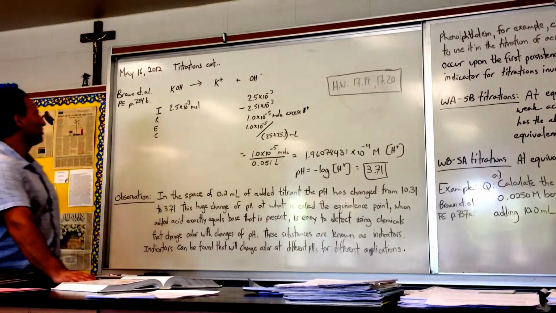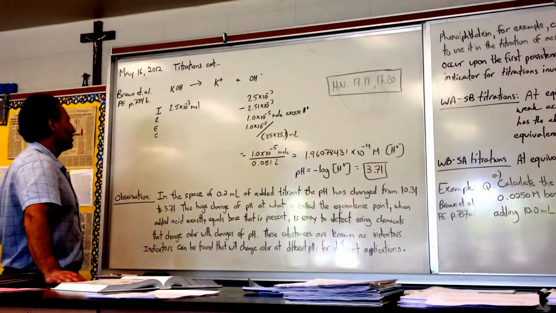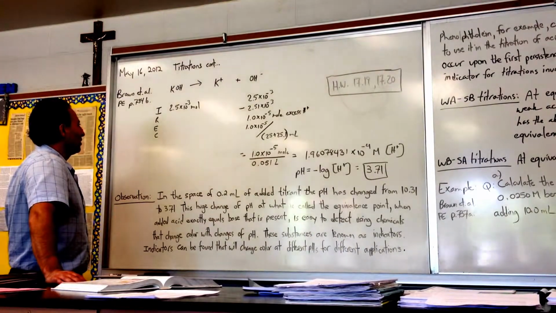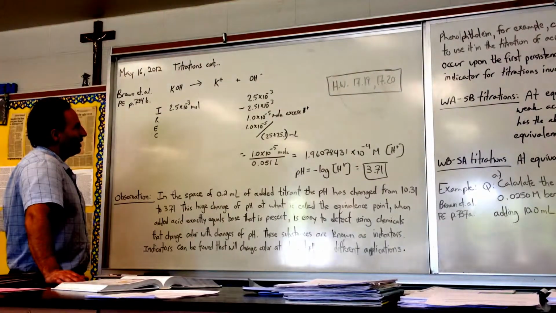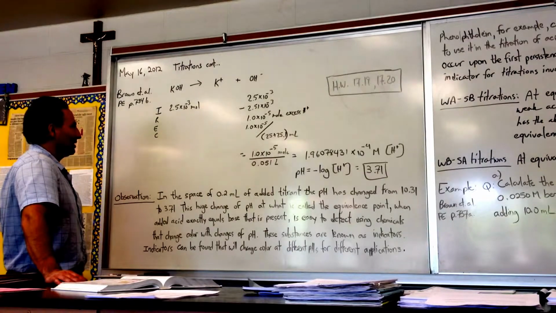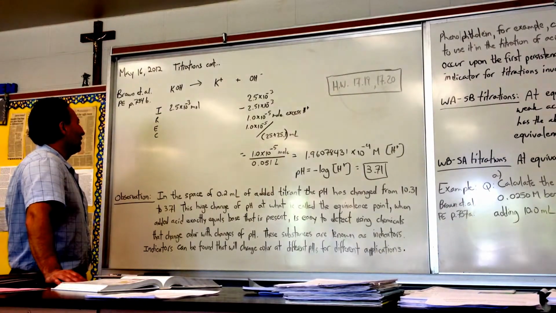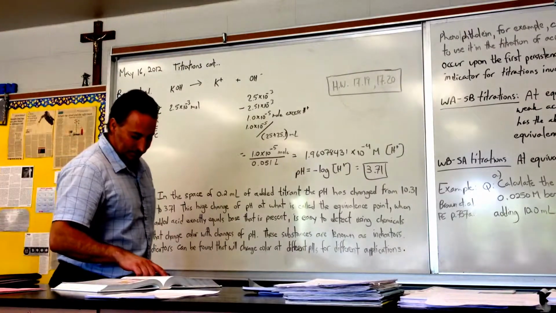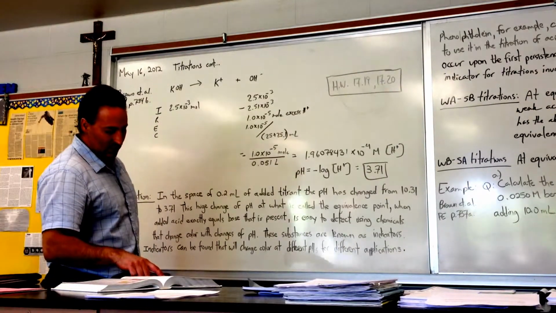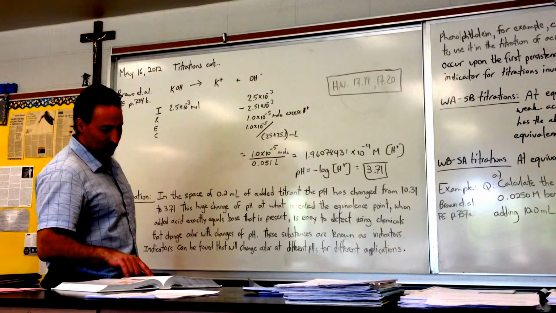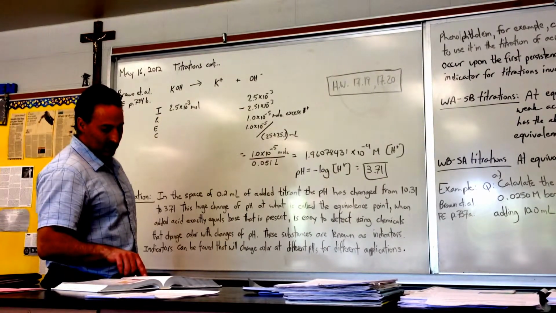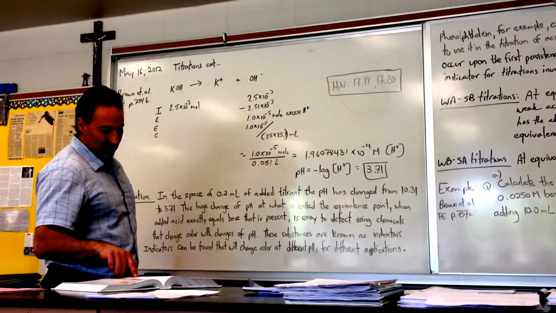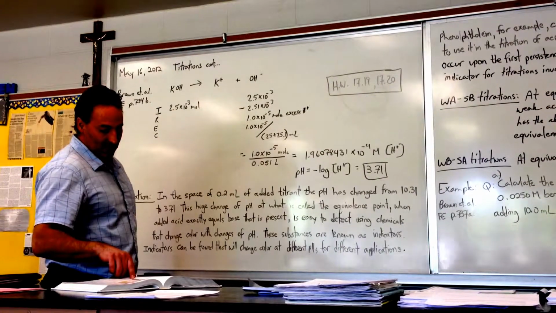This question has to do with titrations, and we're looking today at what happens when there's a slight excess in a titration. The question for this calculation is, calculate the pH when the following quantities of 0.1 molar nitric acid have been added to 25 mLs of 0.1 molar potassium hydroxide solution.